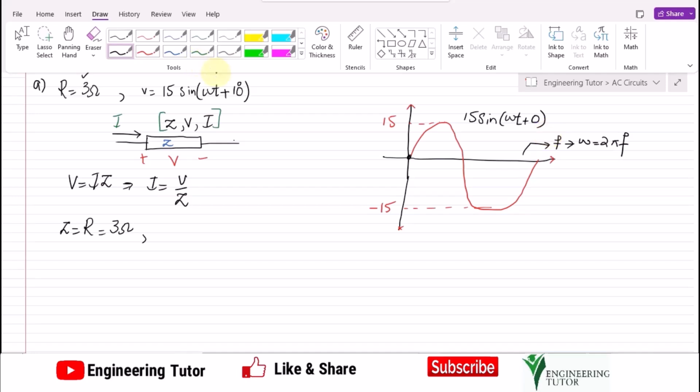In order to find this waveform, which is 10 degrees from it, I have to plot it here. If this is the 90 degree, and this is the 45 degree, then 10 degrees will be somewhere here. So let me plot this 10 degree here.